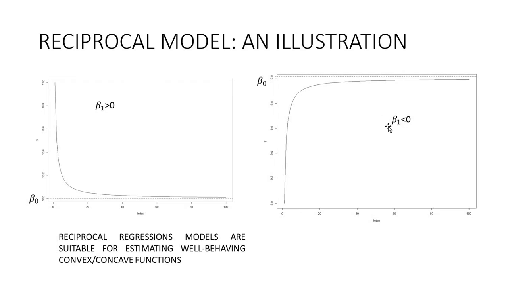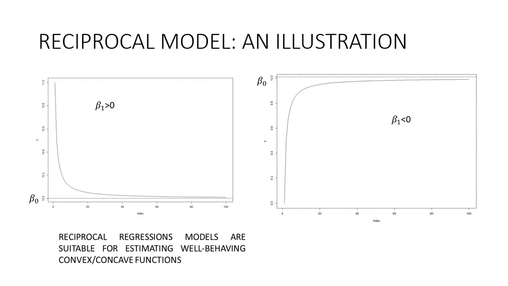If beta 1 is negative, then we have an increasing concave function, and in this case, again, the value of the dependent variable will approach the value of beta 0, but it will never reach it.